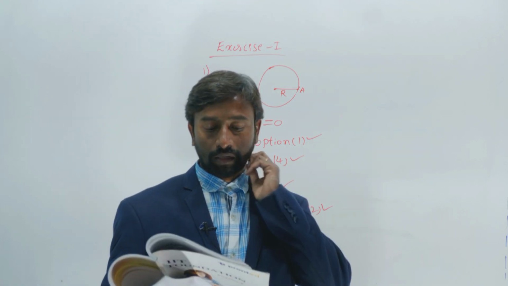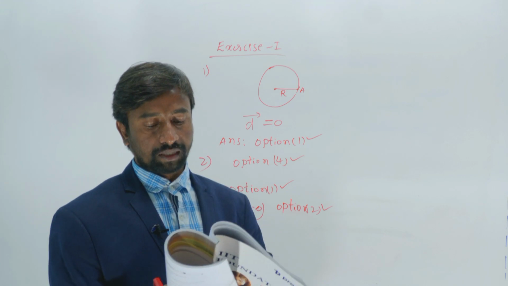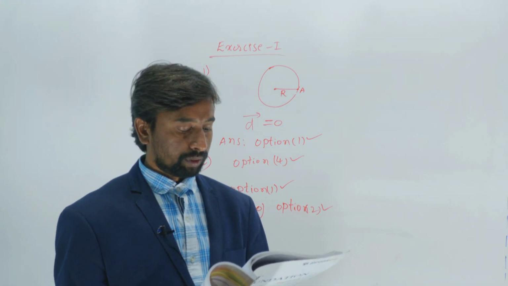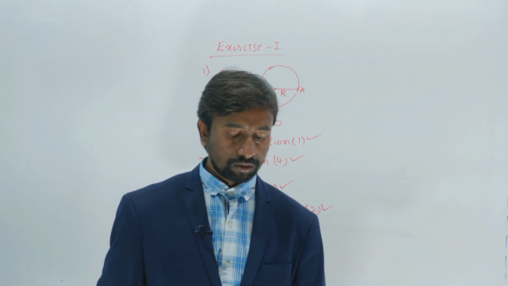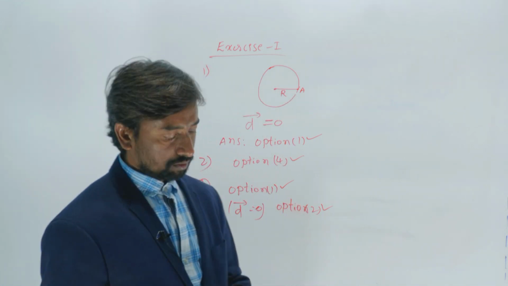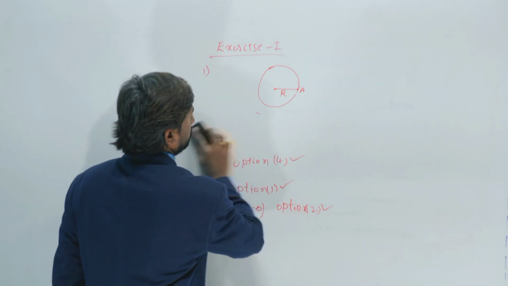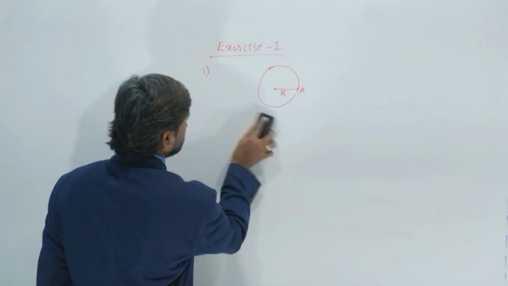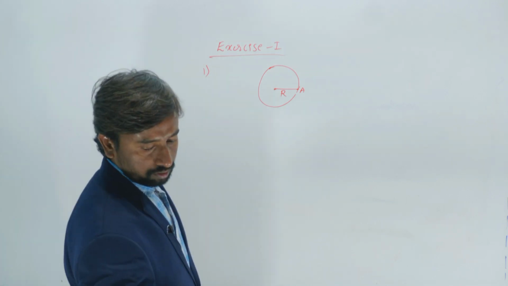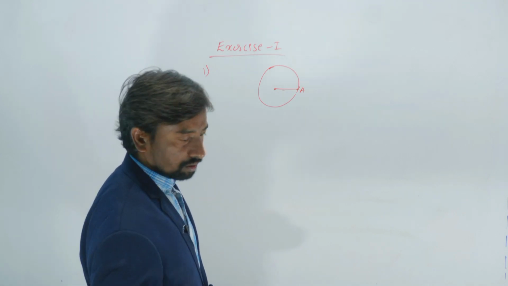Next, a particle completes a revolution along a circular path of radius r. The distance travelled by the particle is... So we can take the same example as we have taken for the first one. Fifth one we will see here now. They have given the radius of the circular path as small r.